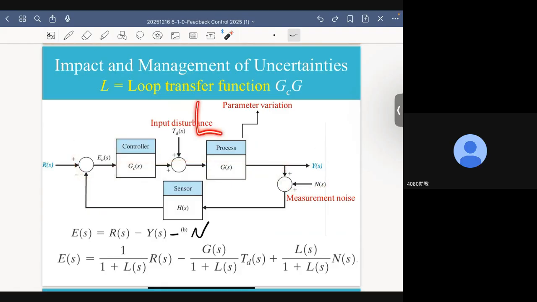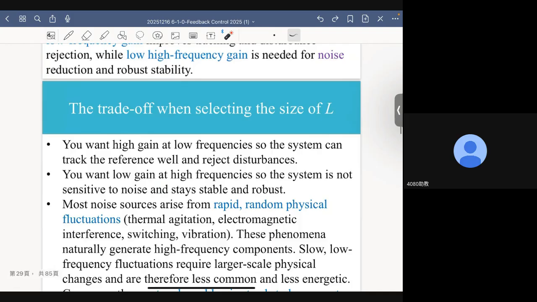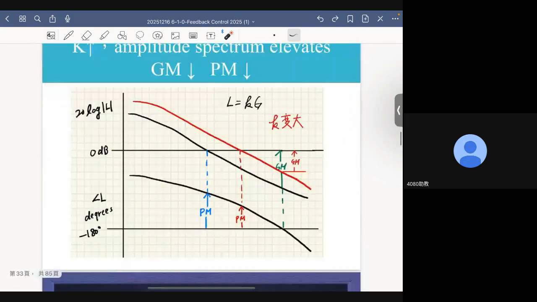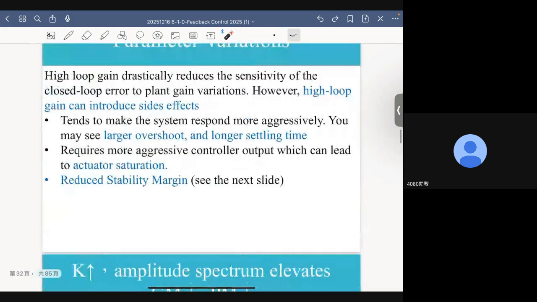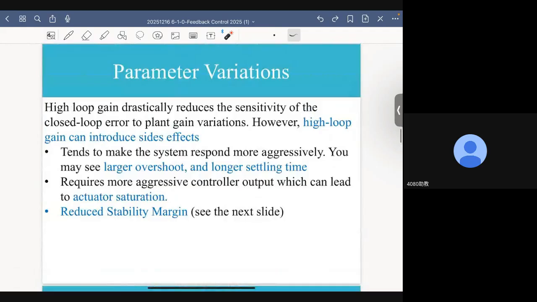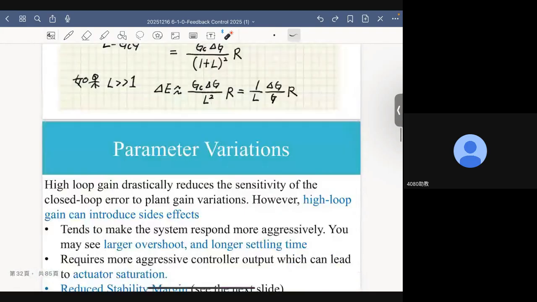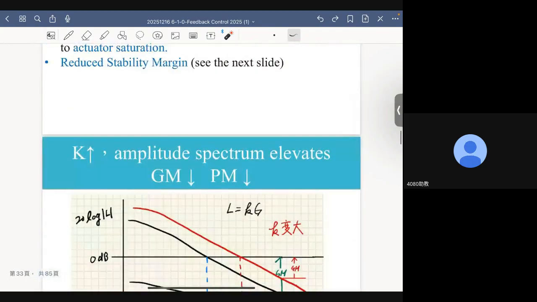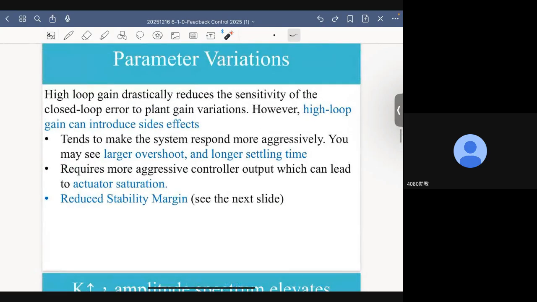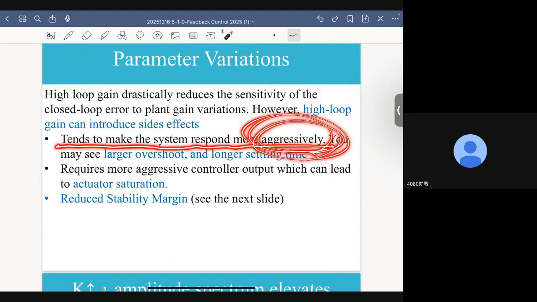The larger the loop gain, the more aggressive this corrective action will be, all right? So by increasing L, I'm sorry for this mess, we tend to make the system respond more aggressively, okay? The key word is aggressive, all right?